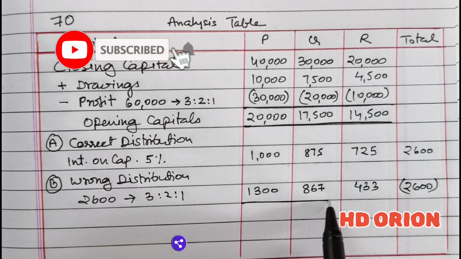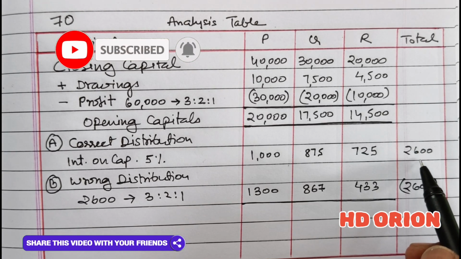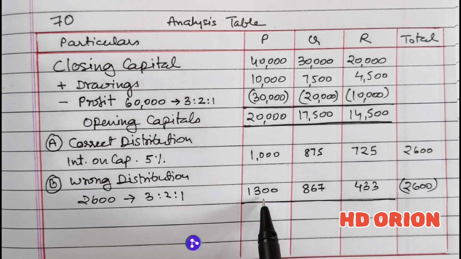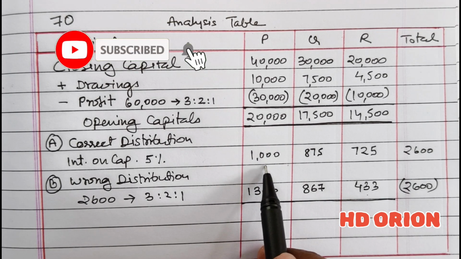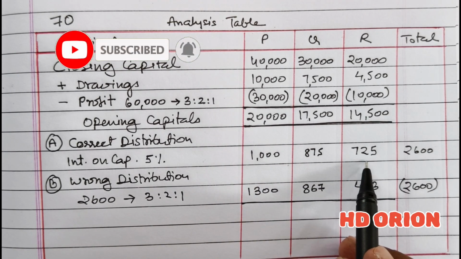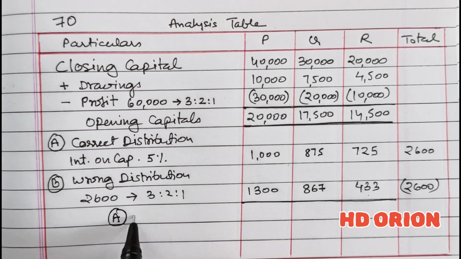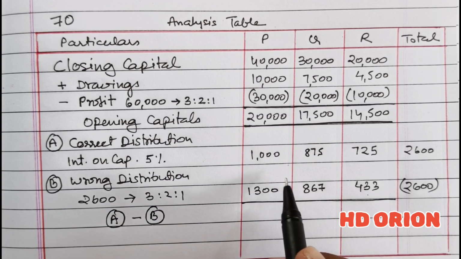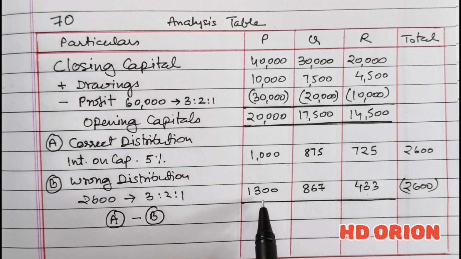So out of the total profit, 2,600 rupees is wrongly appropriated to the partners this way, rather it was supposed to be given in this way. So when you compare this, A minus B, when you subtract it, P was supposed to receive rupees 1,000, but by mistake he has received rupees 1,300.